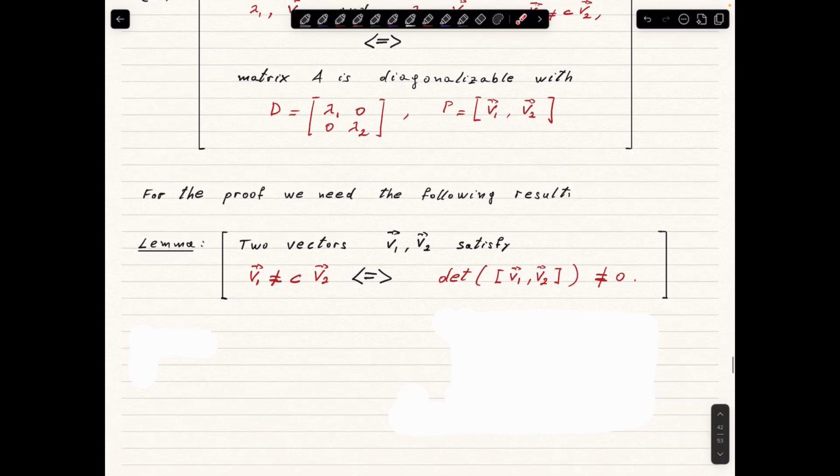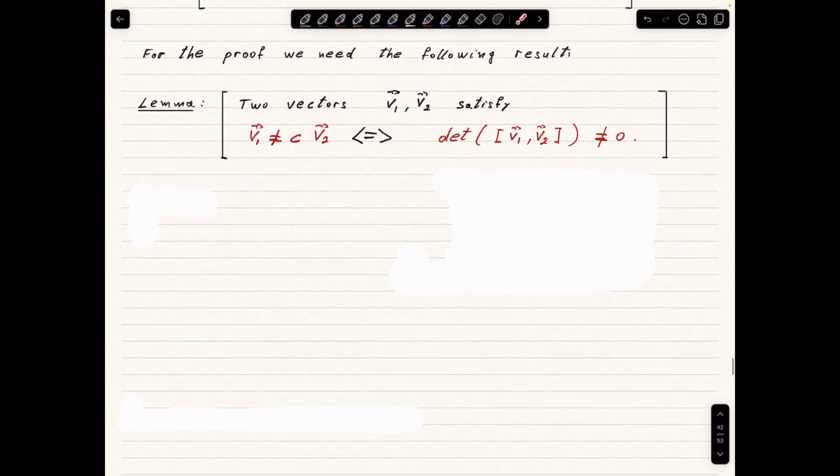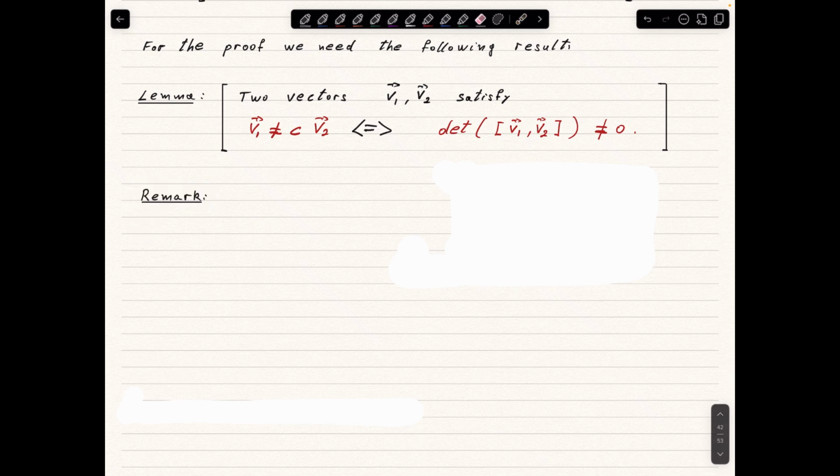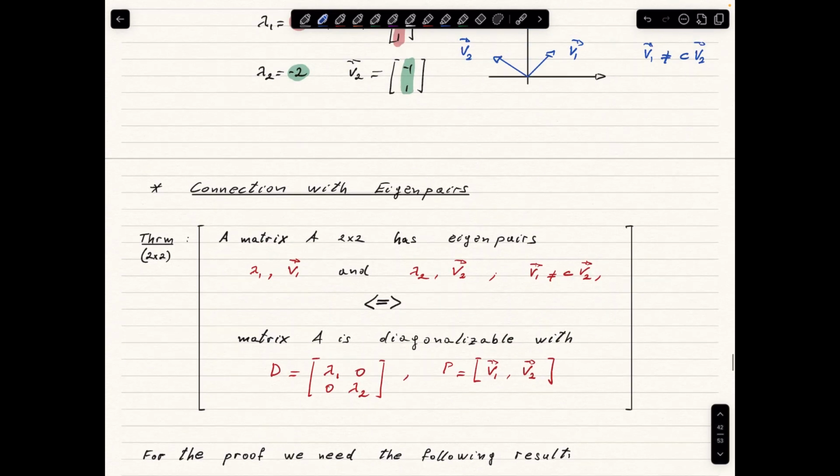To see that this result is reasonable, suppose we have two vectors, v1 not proportional to v2. We can draw a picture of these two vectors, very similar to this one.